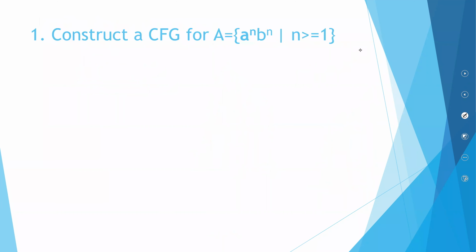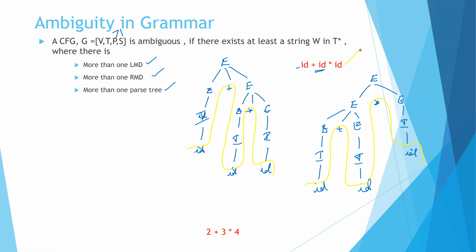Now look here. Let us see what the problem is if you have more than one parse tree. Let us prove it mathematically. As you all know, when you do mathematical calculations with the help of the trees, things at the lowest level get calculated first. Here ID is nothing but a number, so let me consider 2 plus 3 into 4 over here, and even 2 plus 3 into 4 over here.